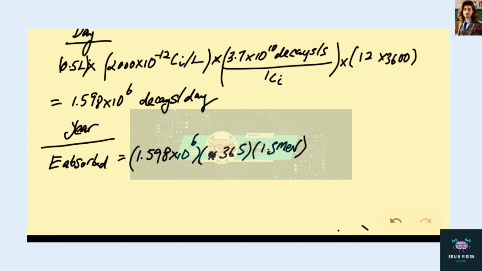But we are given that only 10% of this 1.5 MeV is absorbed by the body, so we multiply that by 10%.